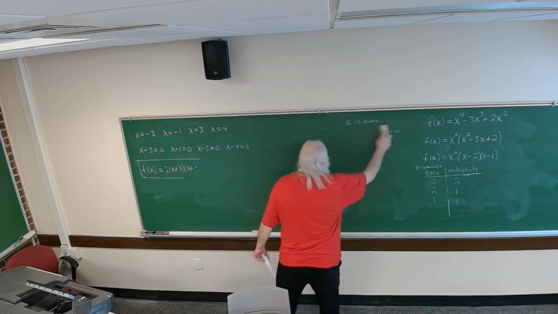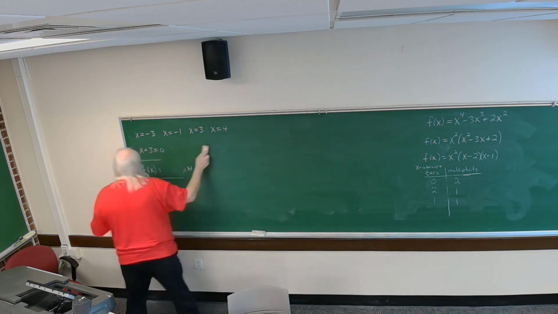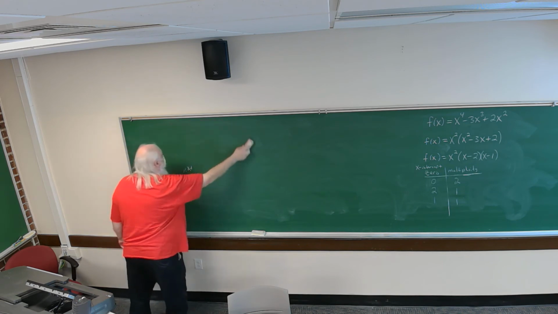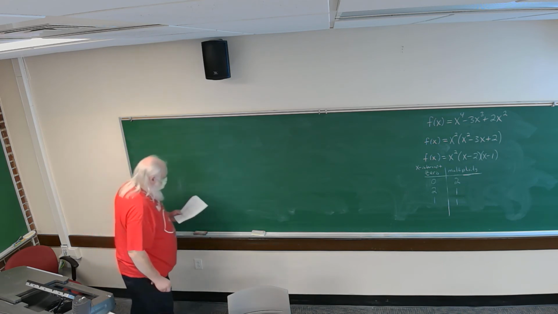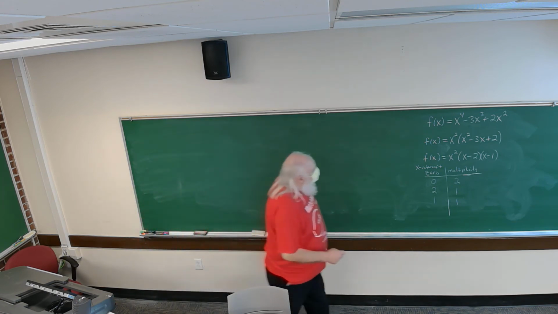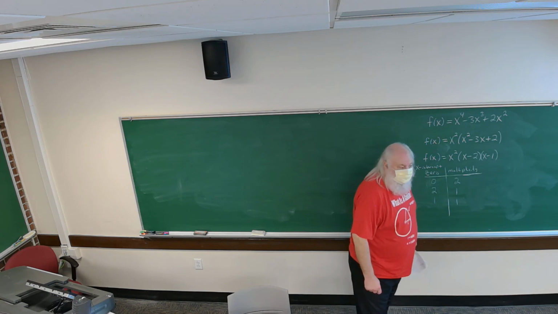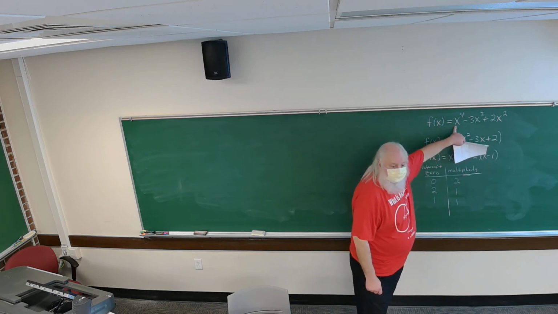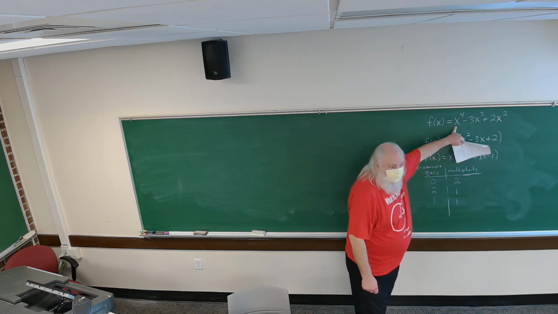Get a crude graph of it. Let me ask you one last question. What's the leading term of this polynomial function? What is it? x to the 4th, right? That's the largest power of x. That's the leading term. What's the end behavior? Both ends go up, right?